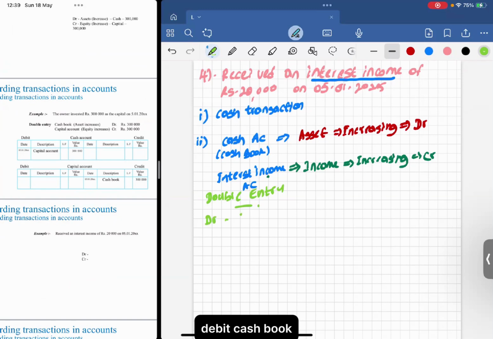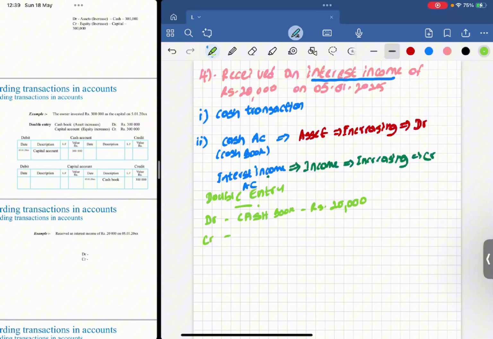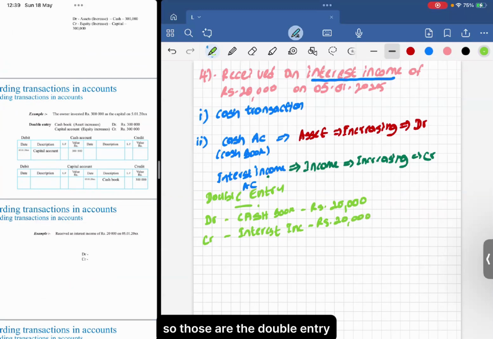Debit cash book by rupees 20,000. On the other hand, credit interest income account by rupees 20,000. So that is the double entry.